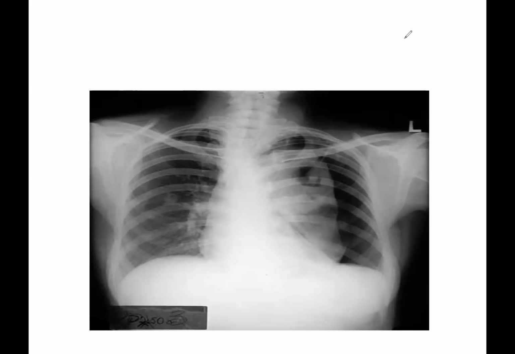Yes, who wants to attempt this? So this is a case of left-sided pneumothorax as well. Left-sided pneumothorax. What are your reasons?